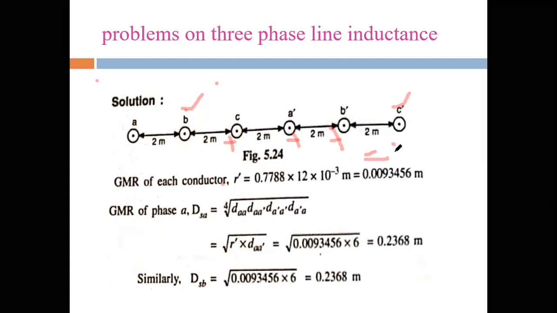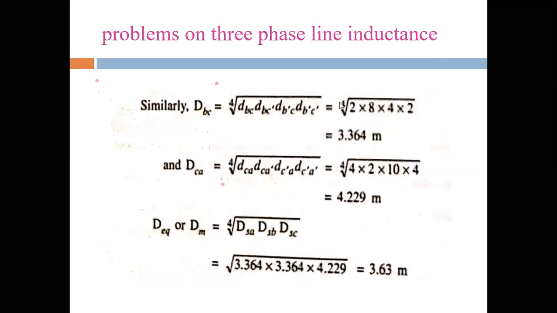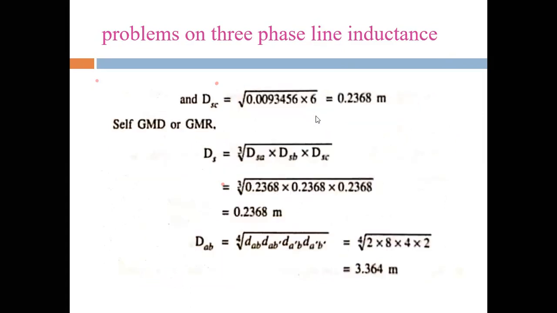The distance between B to C dash is 8 meters, into B dash to C.